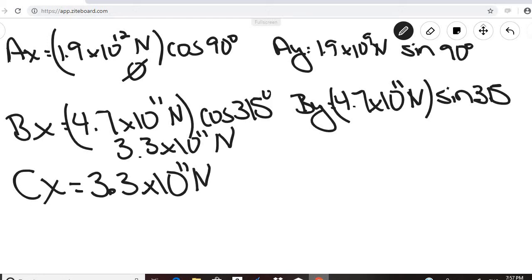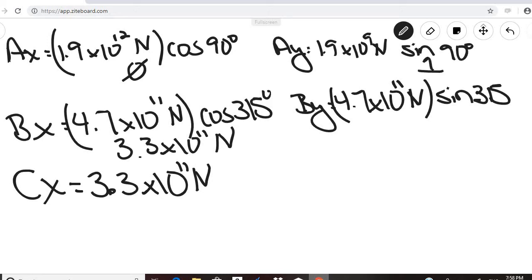And then when we add the y components, this is 1.9 times 10 to the 12th newtons, because sine of 90 is 1.